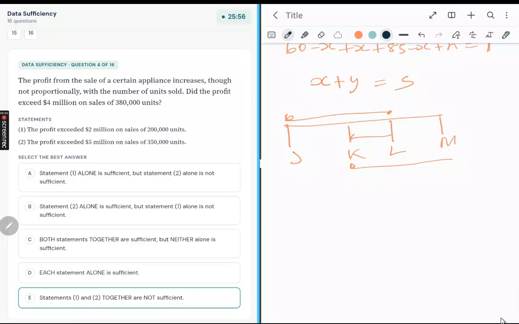That means if 350 already give us 5 million, then 380 is supposed to even give us something higher. So statement 2 is sufficient.